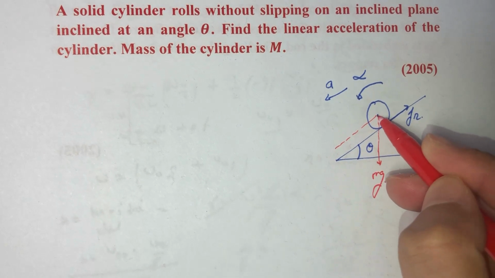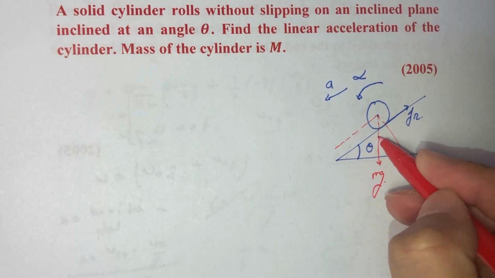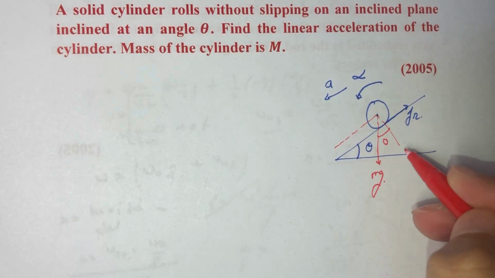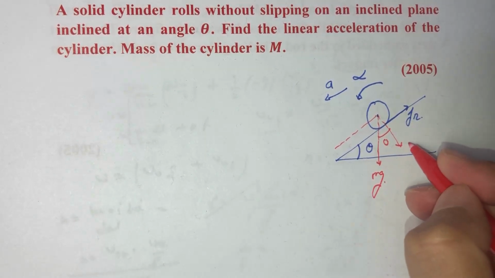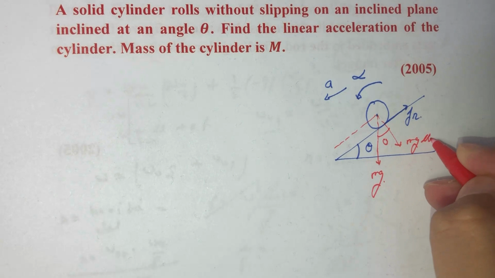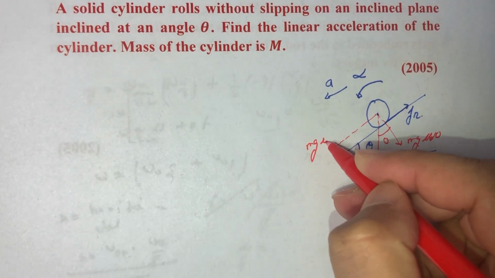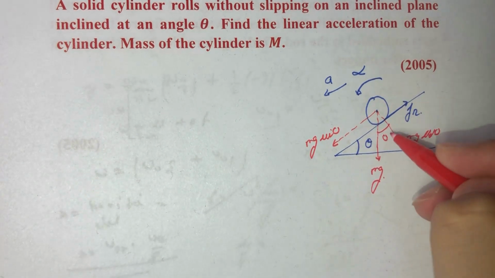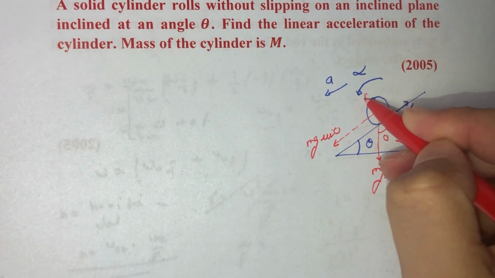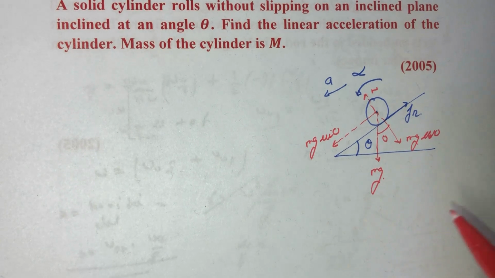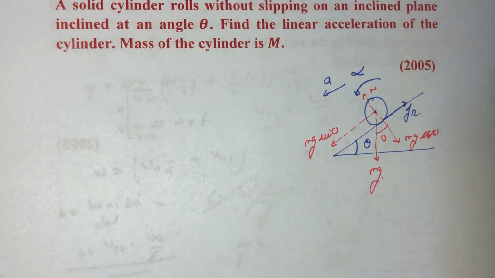One will be along the inclined plane and another one will be normal to the inclined plane. So we are going to have mg cos of theta, and this will be mg sin of theta, and there will be a normal acting between the contact surfaces of the cylinder as well as the inclined plane.